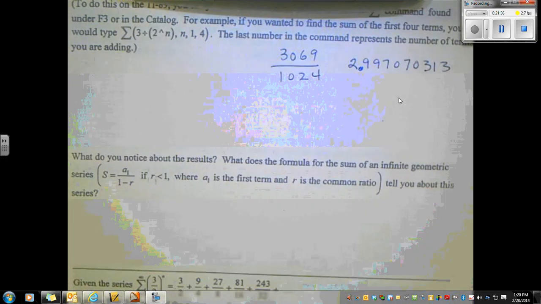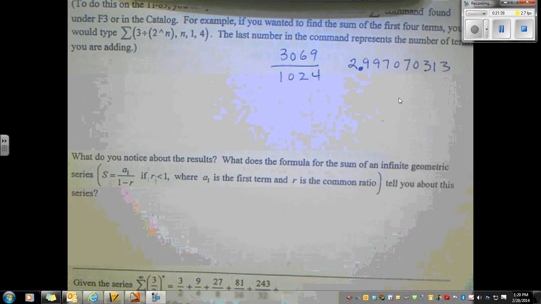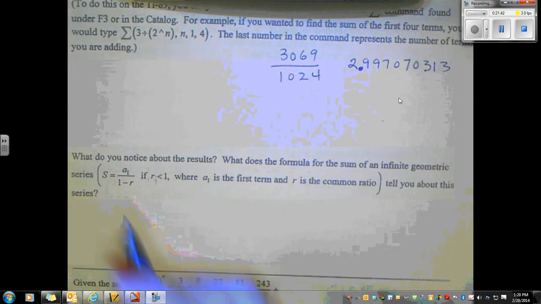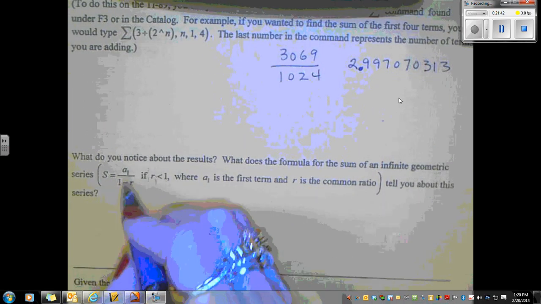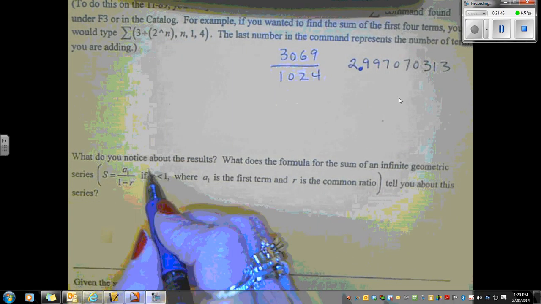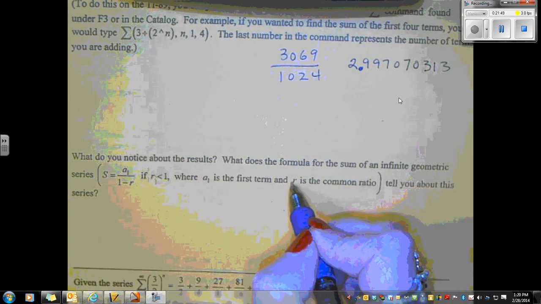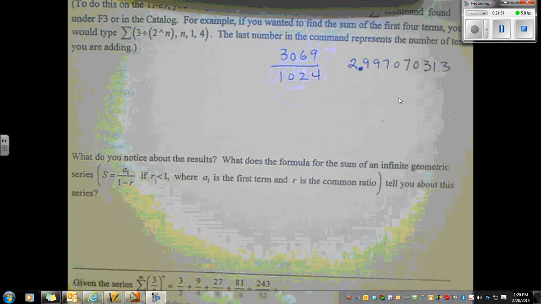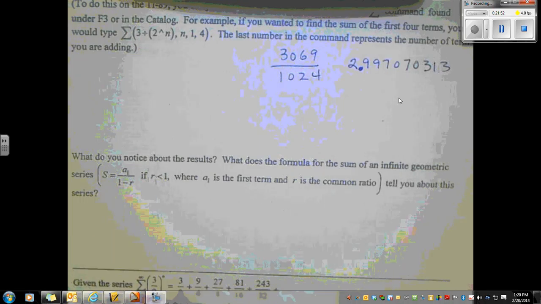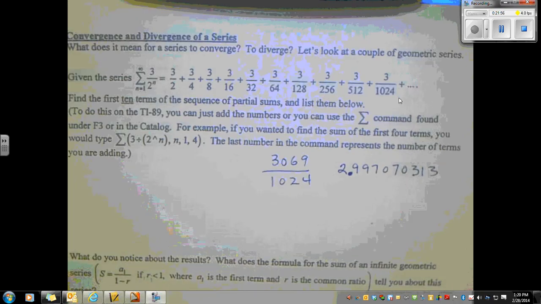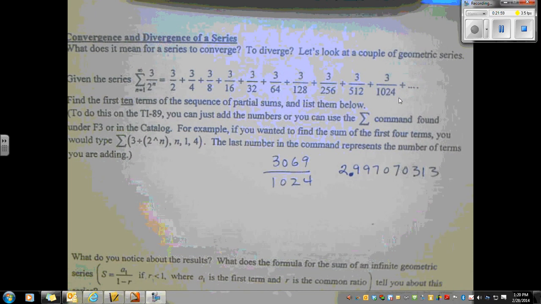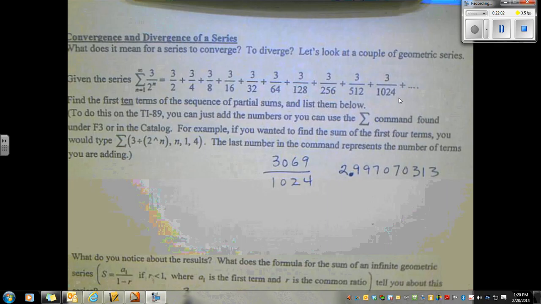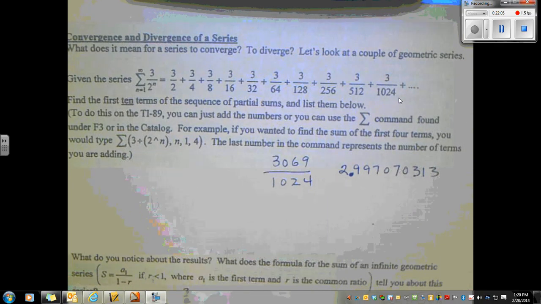What do you notice about the results? What is the formula for the sum of an infinite geometric series? S equals A sub 1 over 1 minus R, if the absolute value of R is less than 1, where A sub 1 is the first term and R is the common ratio. What is the common ratio here? 1/2. So S equals my first term, 3/2, divided by 1 minus 1/2.